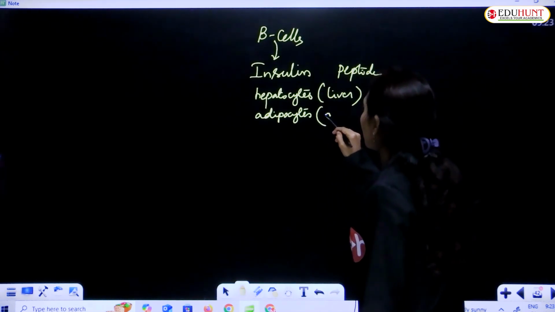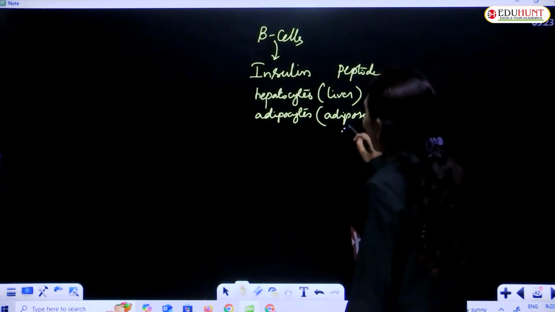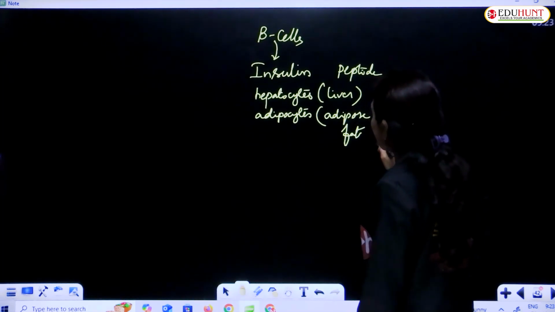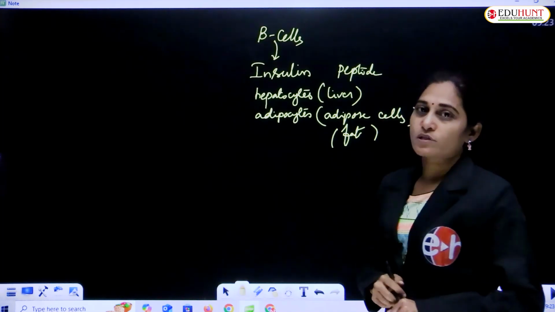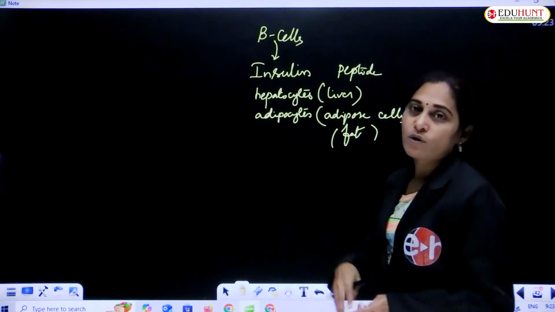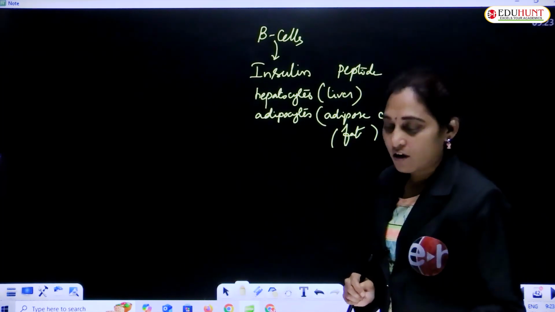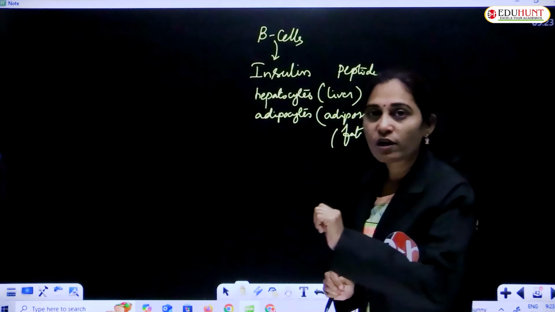That is adipose cells, fat cells, adipocytes. So hepatocytes, adipocytes. Insulin works on both the cells and causes reduction of the cellular glucose level.